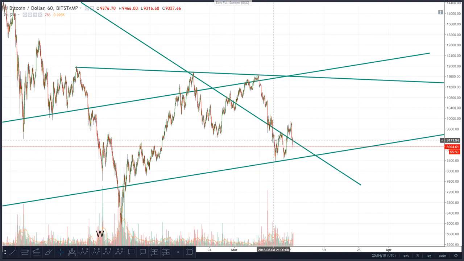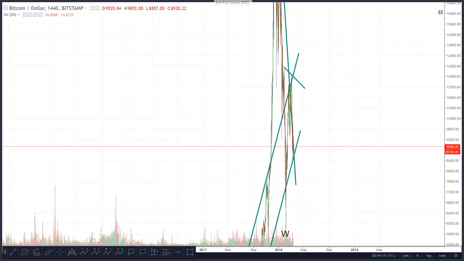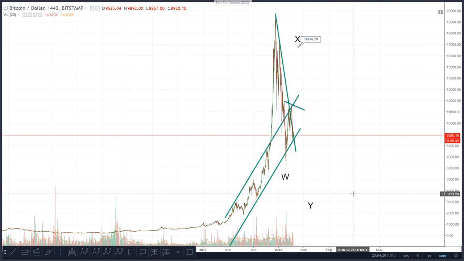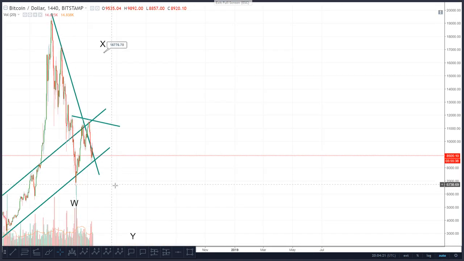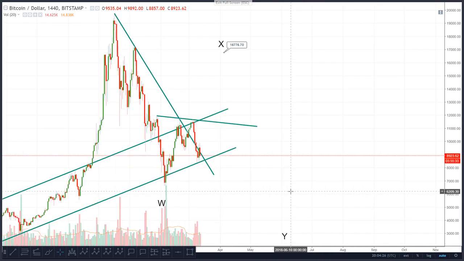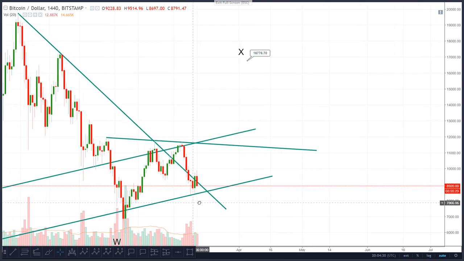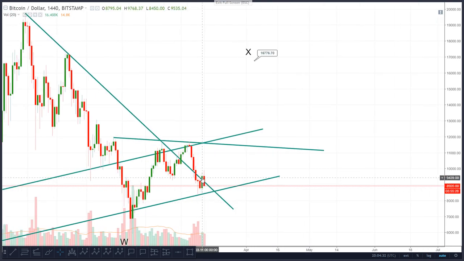Now there was an interesting move up on the daily chart. If we look at the daily chart now, yesterday was a rather interesting day. Sunday is always a very important day. Reason being is you've got the daily close, but it's also the weekly close. So it was nice to see this green candle here.